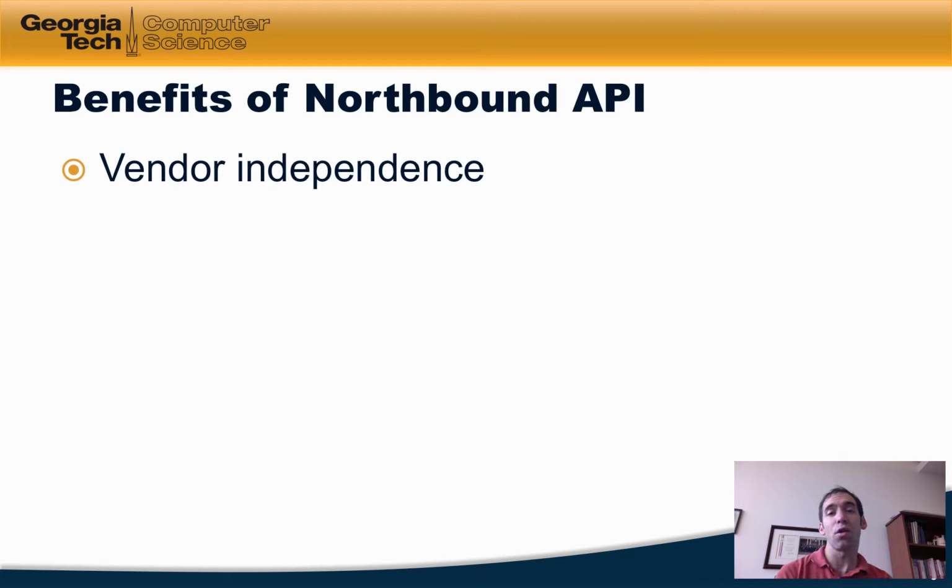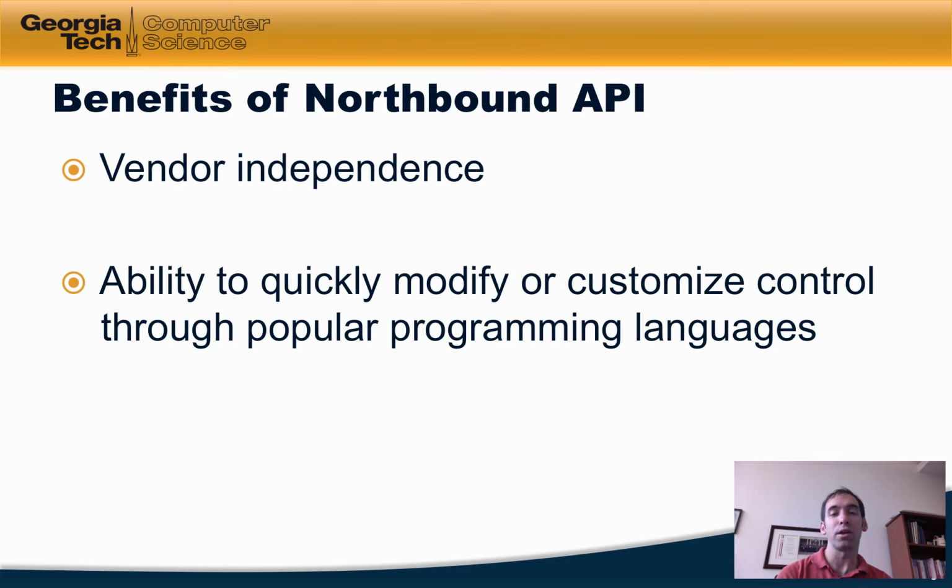However, agreement on a small number of Northbound APIs would allow service providers, operators, and others to develop complex applications that run on a network independent of the switches and network devices that are actually installed in the network. Another benefit is the ability to quickly modify or customize control using popular programming languages like Python, Java, or Ruby.